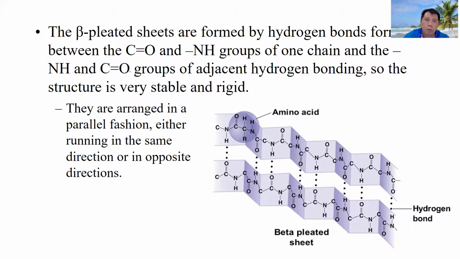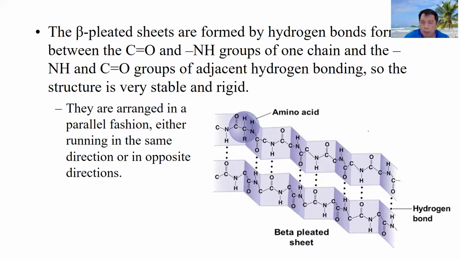So how are the hydrogen bonds formed in the beta pleated sheet? Same as in the alpha helix, they involve the carbonyl group and the NH groups. You see here the important thing, they are arranged in a parallel fashion as I mentioned just now, either running in the same direction or the opposite direction.